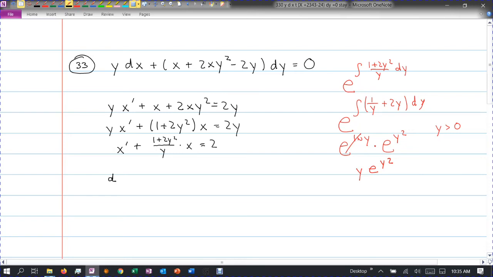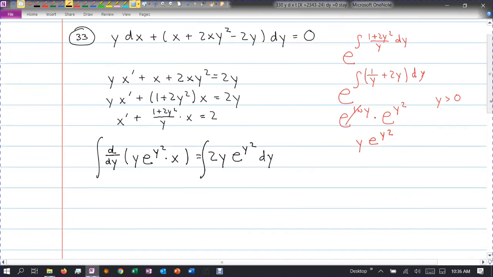This should turn into the derivative with respect to y of our integrating factor times x. And I need to multiply the right-hand side by the integrating factor, so 2y e to the y squared. And now I'm going to integrate with respect to y on both sides.